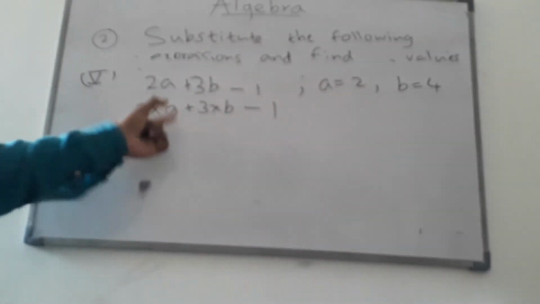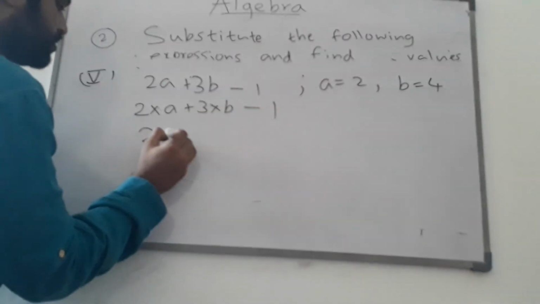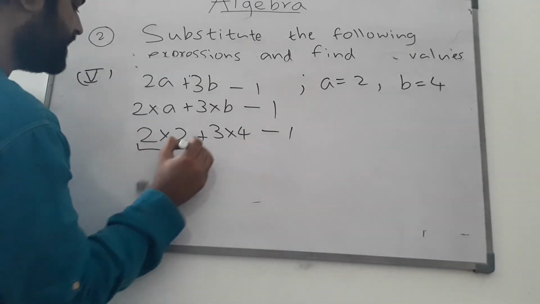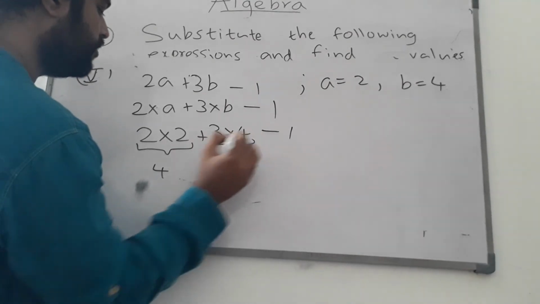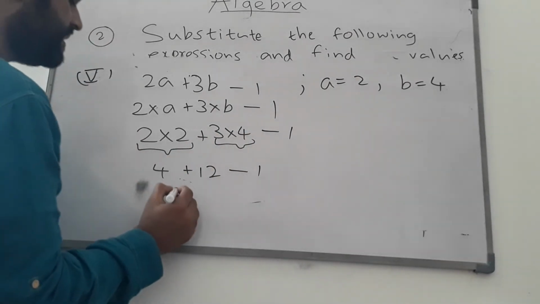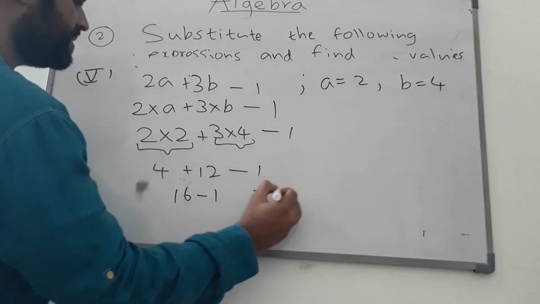Now we can substitute values. a means 2, so it is 2 times 2. b means 4, it is 3 times 4 minus 1. 2 times 2 means 4, 3 times 4 means 12 minus 1. 4 and 12, 16 minus 1, answer is 15.